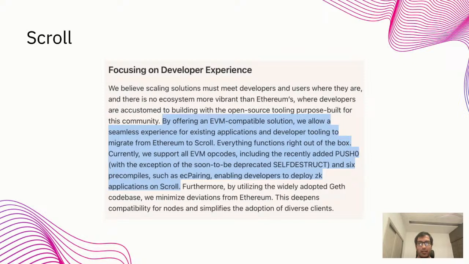I think that just suffices and probably is enough for us to understand what each of these chains are doing differently. So Scroll also says that everything works out of the box, meaning that they support all the bytecodes from EVM, so there's no friction when a developer has to move their project from Ethereum to Scroll or an EVM chain to Scroll.